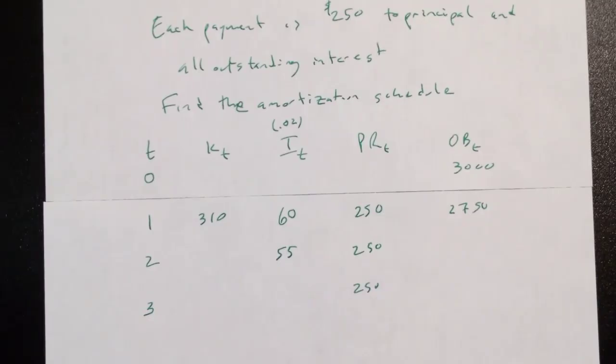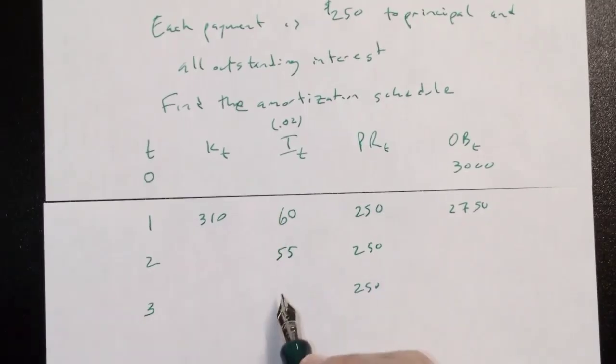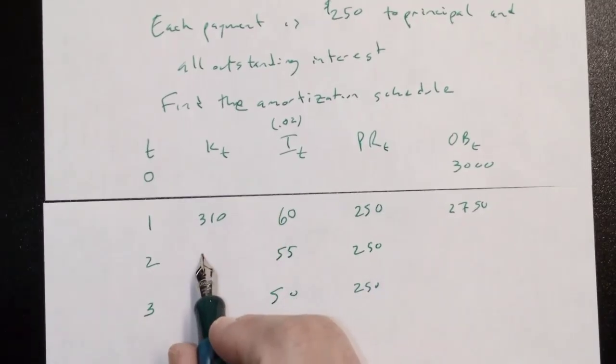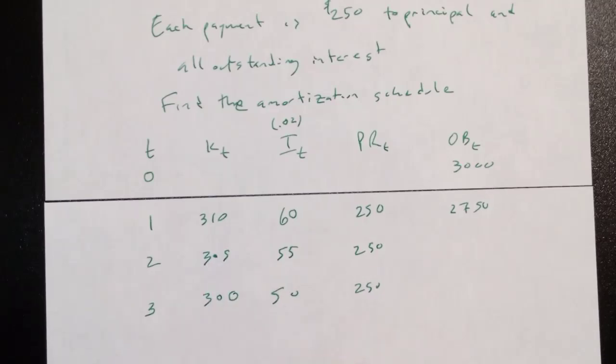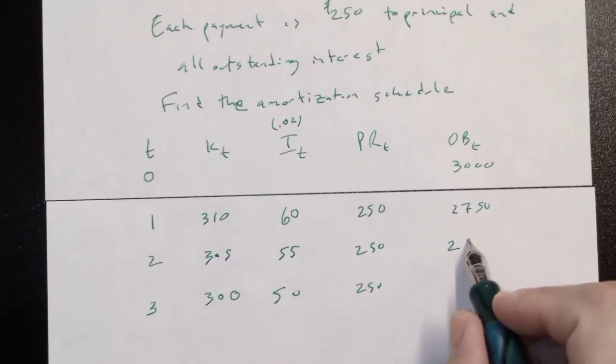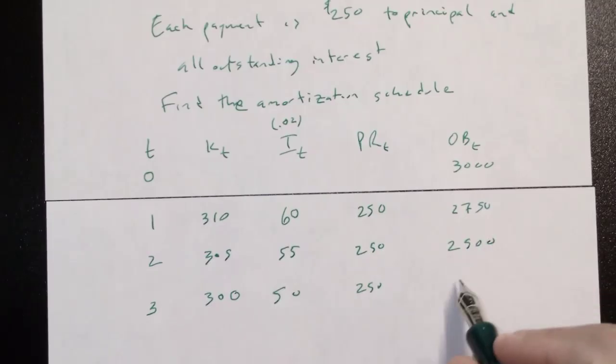It goes down 5, which means this column is going to go down 5 every time, which means my payment is going to go down by 5 every time. But this is going to go down by exactly the same amount every time because the principal reduction is the same.